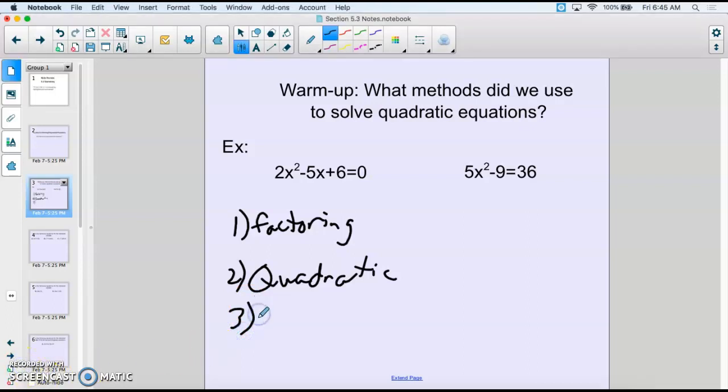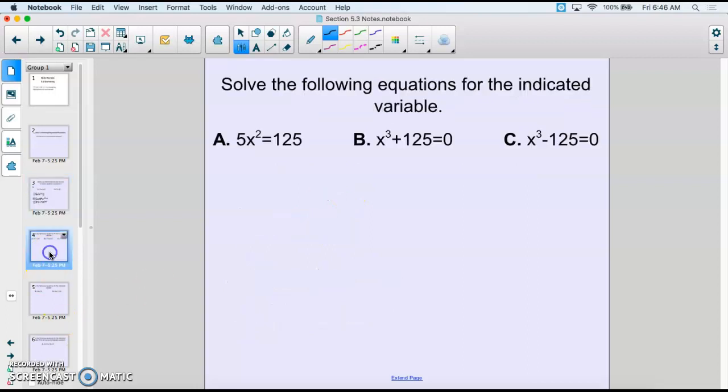And the third thing was, if we could just solve it with our algebra abilities, we just solved it that way. So we could just use order of operations. So those are the three ways that we found our zeros when we were solving quadratics. We're going to carry that into today.